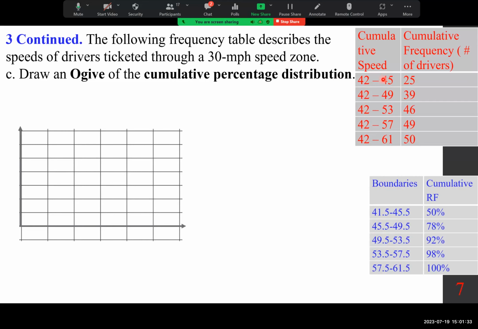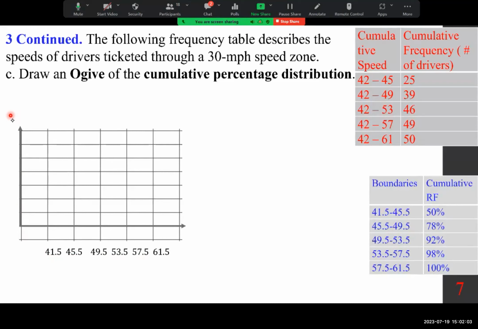So 45 and 46, add them up, divide by 2, you get 45.5, and then add and subtract the bit for the rest. Or you can go back and find this from the previous question. And now that we have that, we are going to put the boundaries here, 41.5, 45.5, all the way to 61.5.